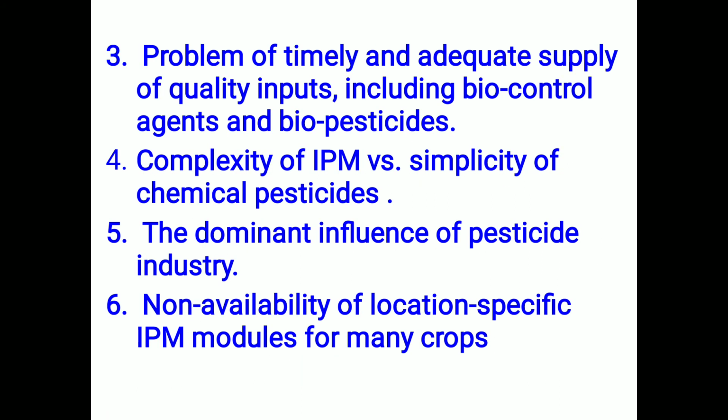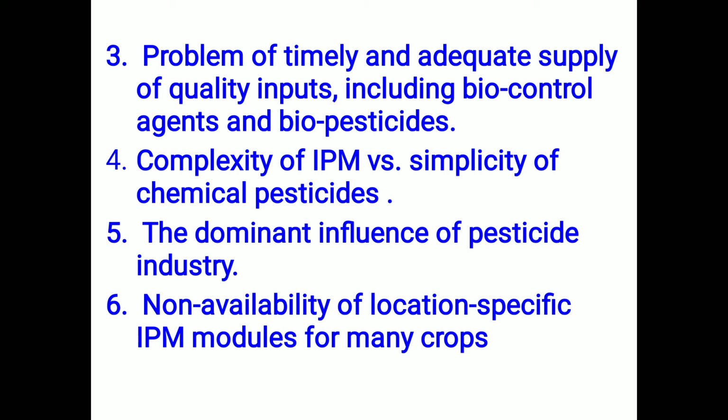Third obstacle is the problem of timely, adequate supply of quality inputs, including biocontrol agents and biopesticides. Suppose a group of farmers, or a farmer, wants to implement the IPM module for a particular crop.